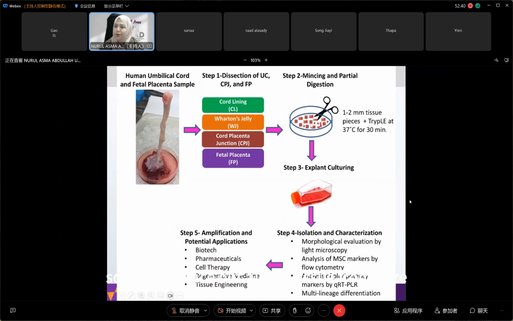You can slice out all the tissue from here, and with the help of an enzymatic digestion procedure, you can use trypsin or collagenase just to break down the tissue and release the cells.